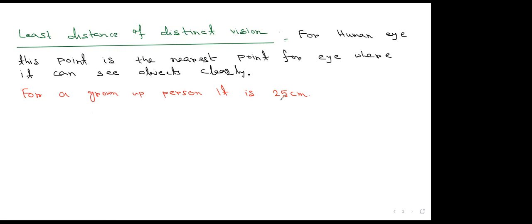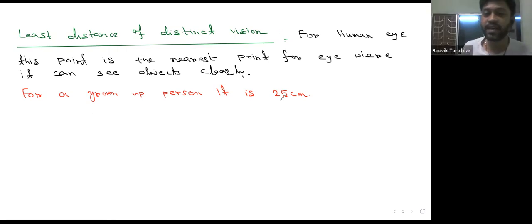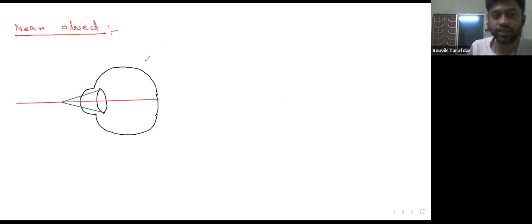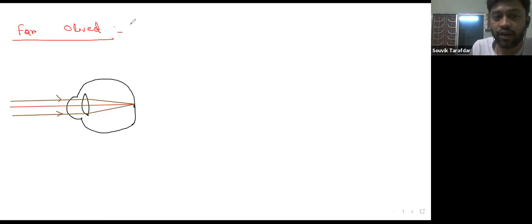So this is the nearer point, the least distance of distinct vision. Near object means what we will take? 25 centimeter. And far object means what we will take? Object at infinity.